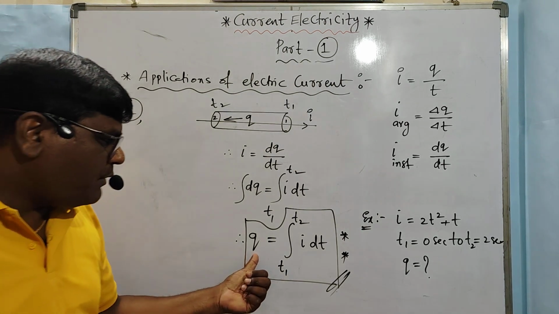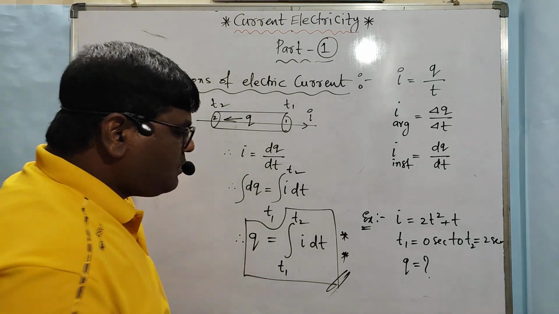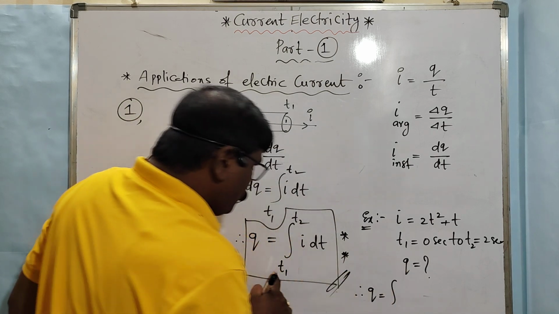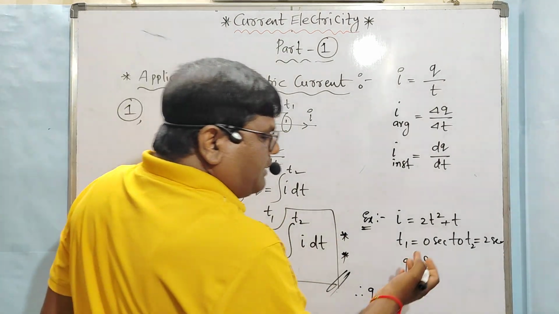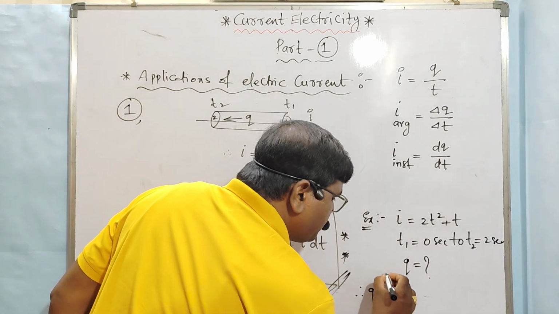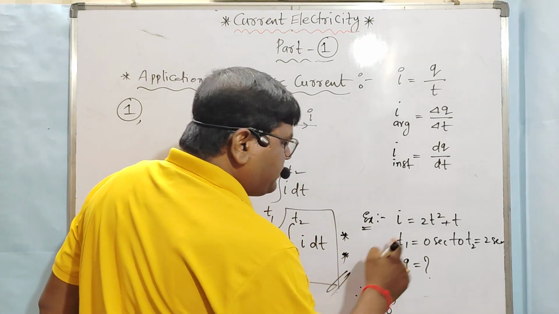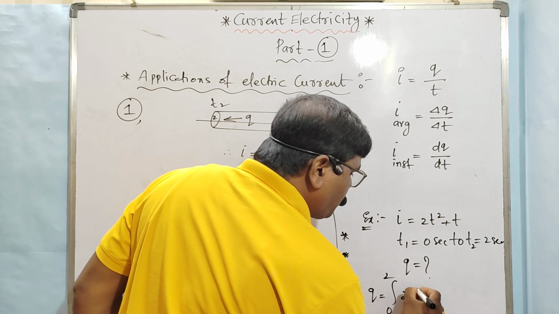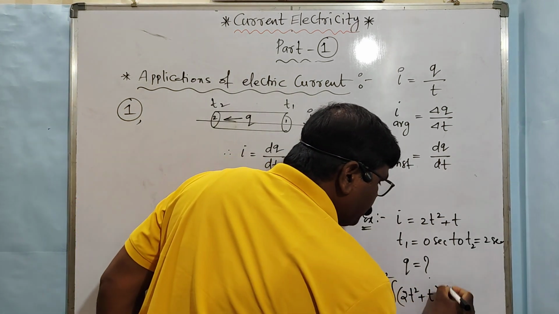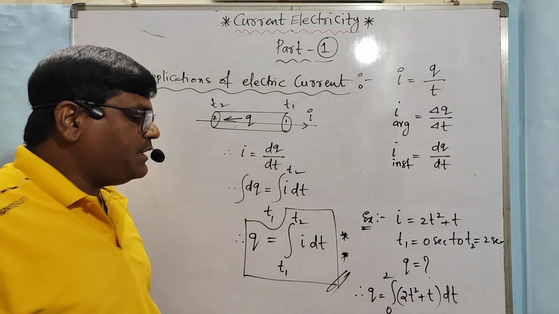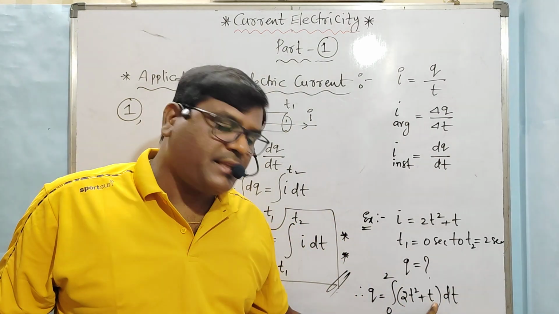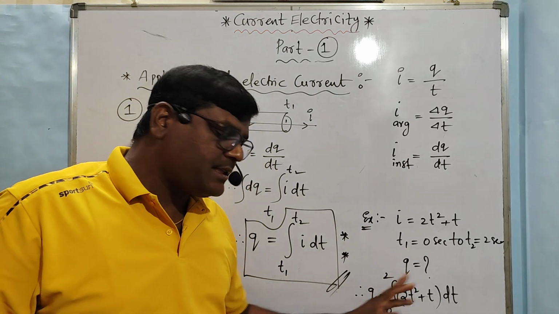So how can we use this? q is equal to the integration from 0 to 2 seconds of I into dt, where I is 2t square plus t, into dt. Here we integrate 2t square plus integrate t, and by applying the limits we will get the charge.